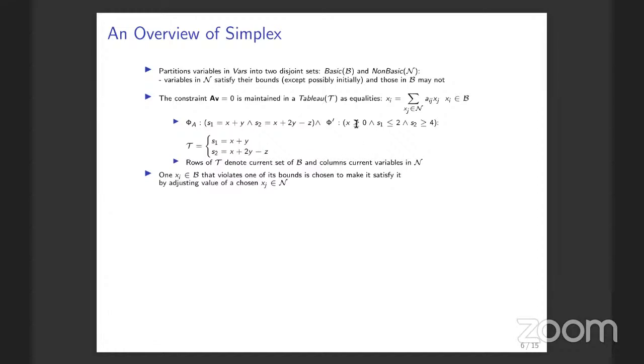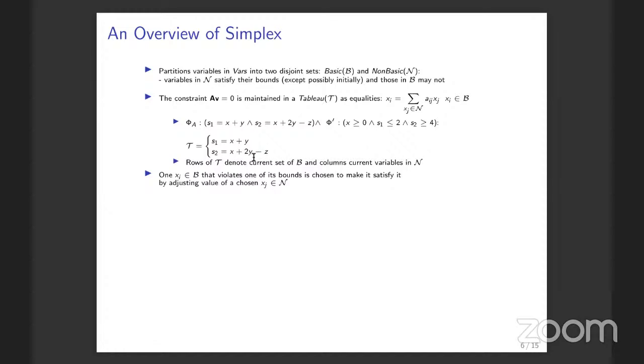The bounds are kept here, so they may or may not. If there exists some row, a basic variable, which does not satisfy one of its bounds, then it chooses one such variable and makes it satisfy.